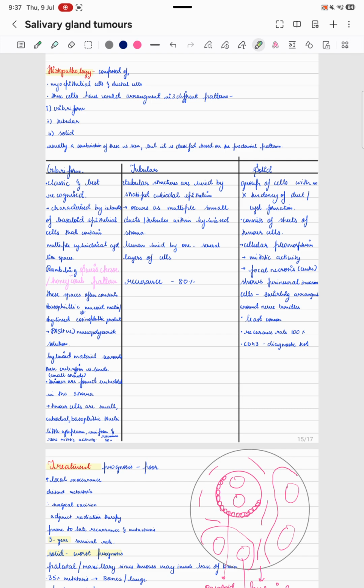Tumor cells are small, cuboidal, with basophilic nuclei, little cytoplasm, and uniform. Recurrence is 50%, and mitotic activity is rare.